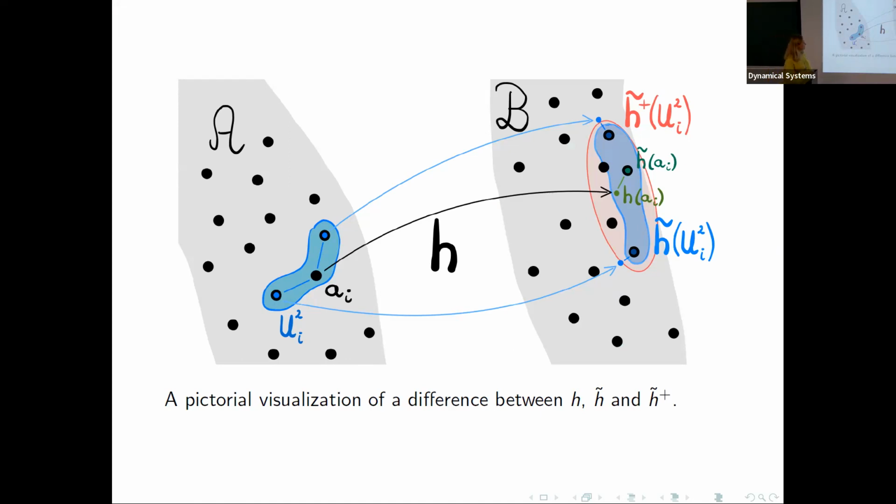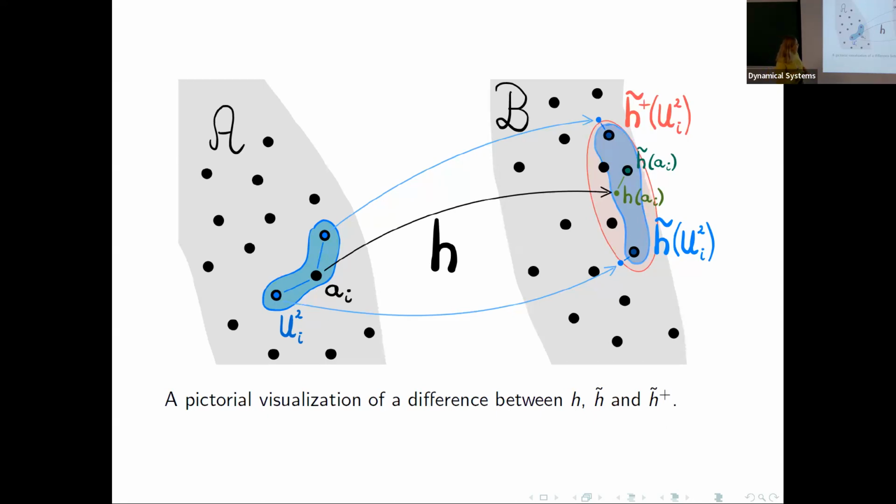If somebody gives us a candidate for this function h, what do we do? We compute h of A_i. Of course, as usually happens, exactly such a point may not exist in this second time series, time series B. So we just look for the point which is the closest to it. We denote it by h tilde of A_i.